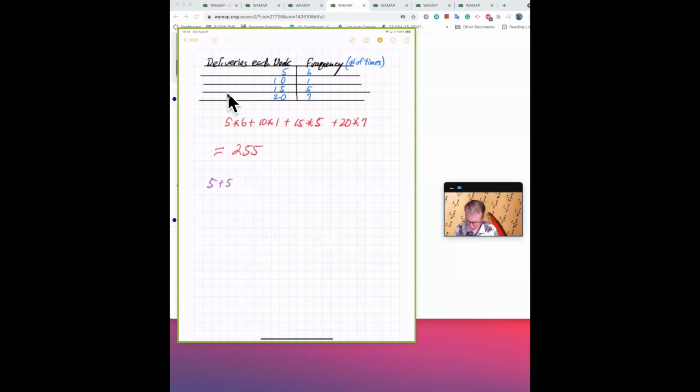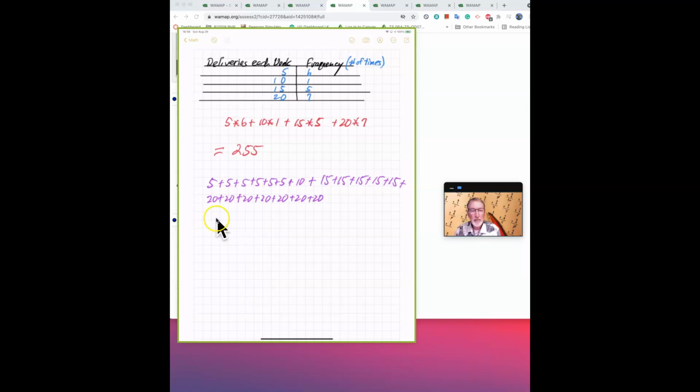5 plus 5 plus 5 plus 5 plus 5. That's 6 of those, right? Plus 10 plus 15 plus 15 plus 15 plus 15 plus 15 plus, and then 20, you had 20 plus 20 plus 20 plus 20 plus 20 plus 20 plus 20. 1, 2, 3, 4, 5, 6, 7.